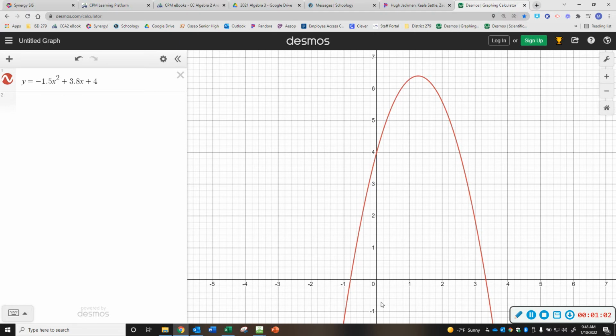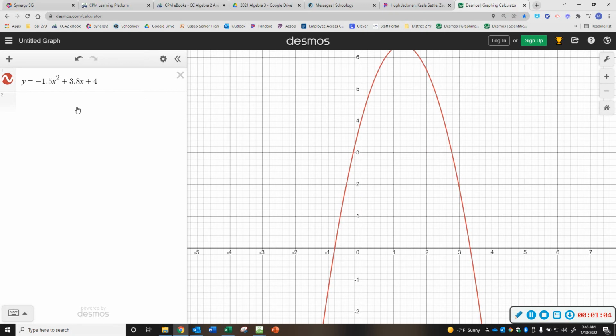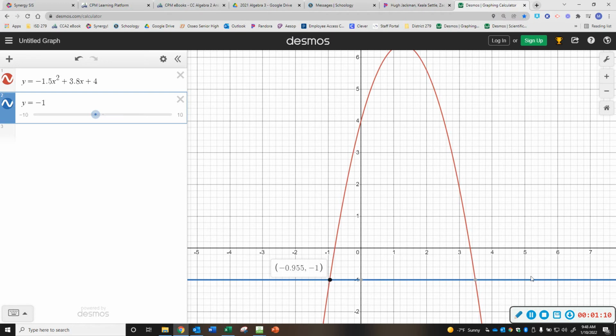So when y equals negative 1 is down here. So what's easiest? Y equals negative 1. So here are those two values. x equals negative 0.955 and 3.489.